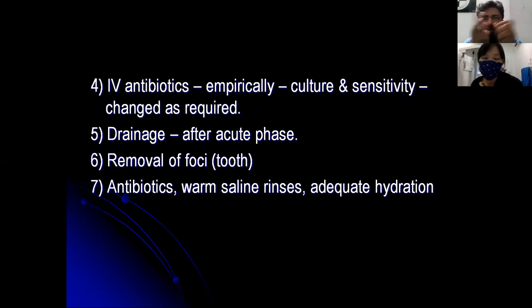Then how will you differentiate? Very, very simple thing. Dry socket happens after extraction, so the tooth is missing in dry socket. In osteomyelitis, the tooth will be present. Then give antibiotics, warm saline rinses, and adequate hydration.